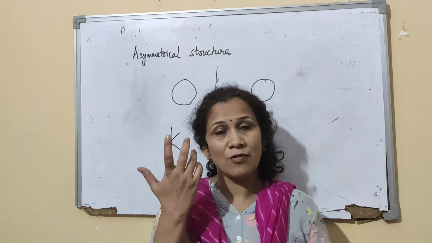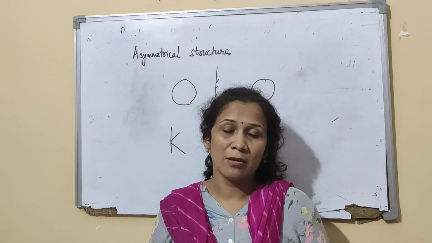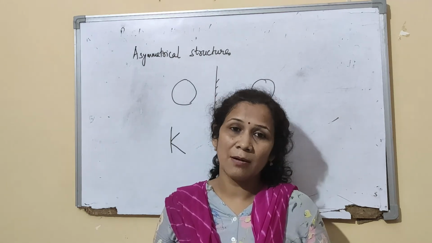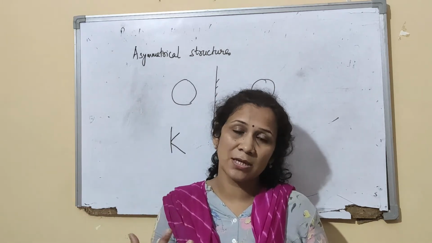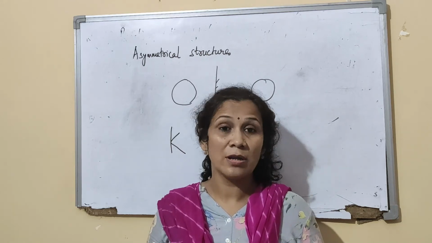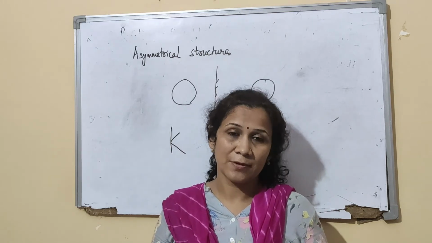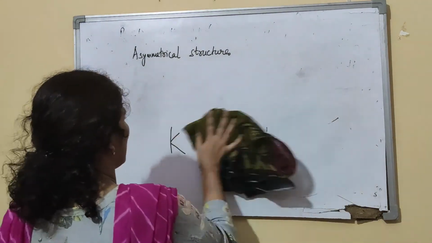Now in chemistry, from where does this asymmetry come? We have a carbon chain, and that asymmetry will come whenever you attach 4 different groups on one single carbon. So we have an asymmetric carbon or chiral carbon. We'll talk about this asymmetrical structure in chemistry.